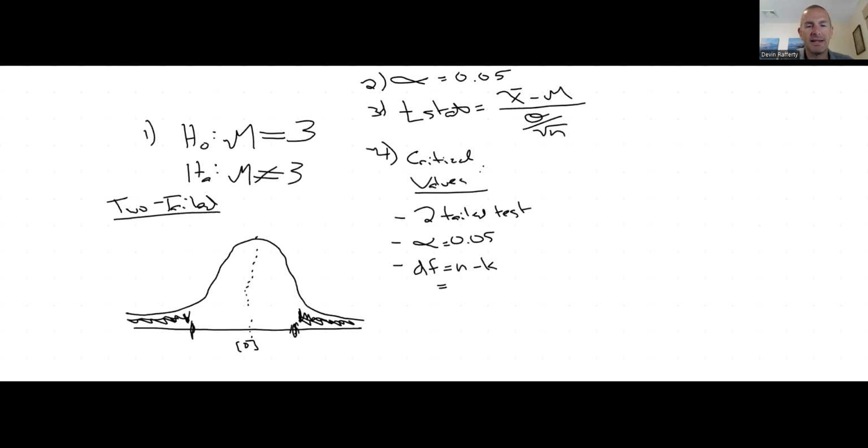Since my sample size is 11, I have 11 observations in my one sample, which means that I have 10 degrees of freedom. Right? So in order to get my critical values, I have a 2-tailed test, 0.05 level of significance, and 10 degrees of freedom. At that point, I'll go get the critical value.